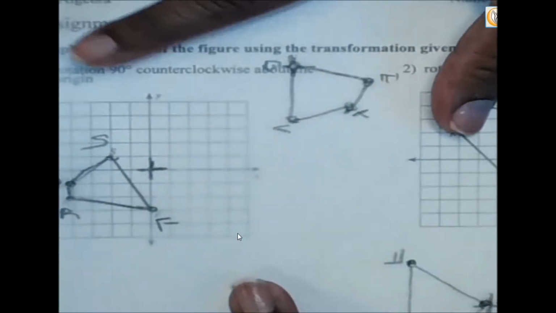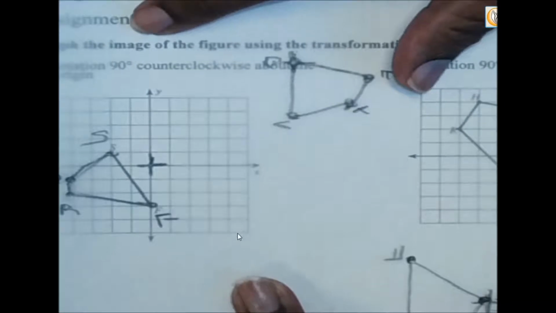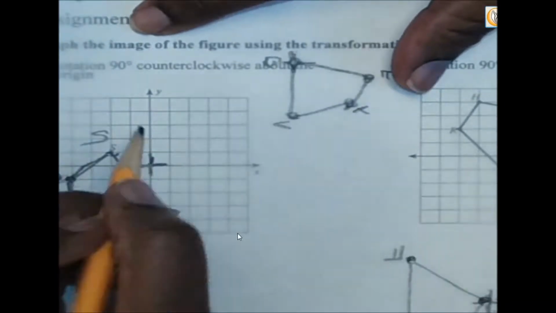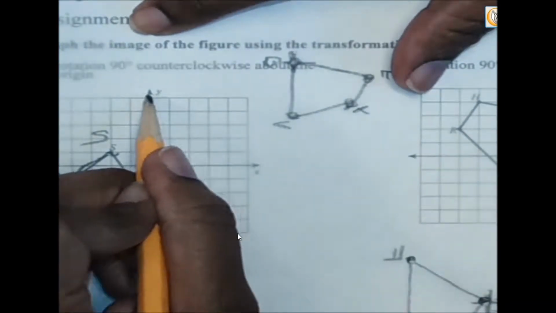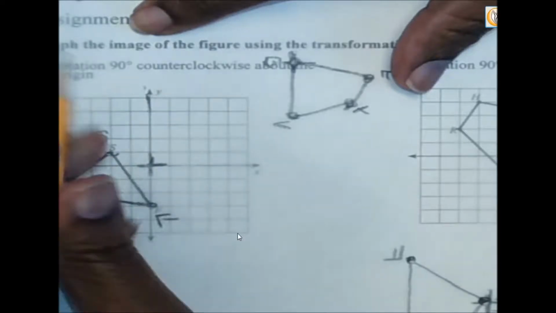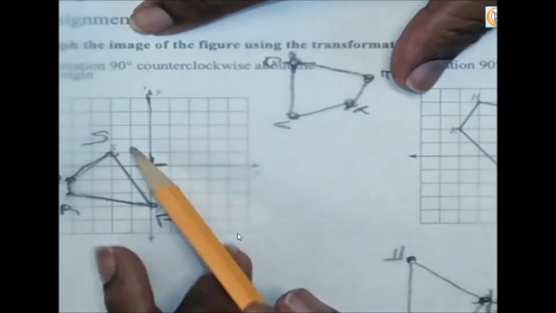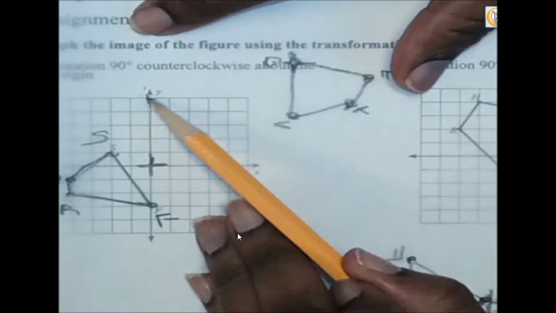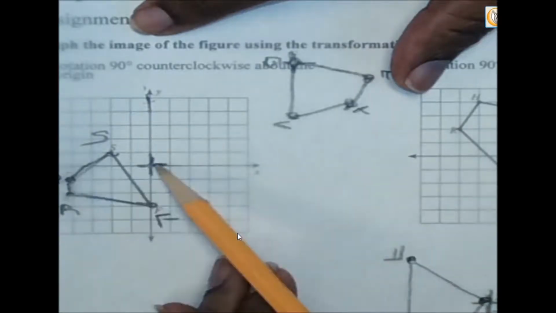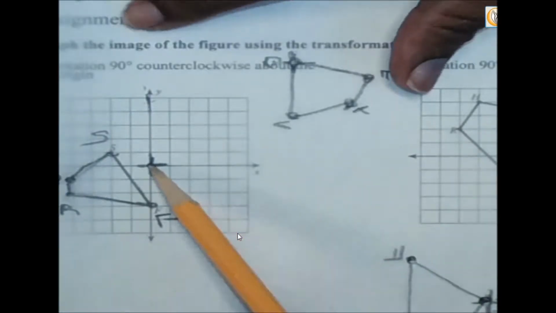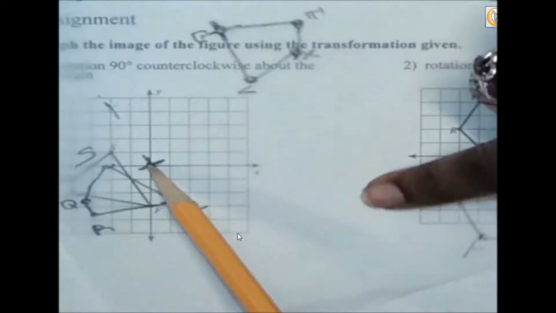Now, the rotation is 90 degrees counterclockwise. So, here is 0 degrees or 360. A 90 degree rotation will move from here to there. It's just one quadrant of a turn. So I turn until my little line gets back on the x-axis.